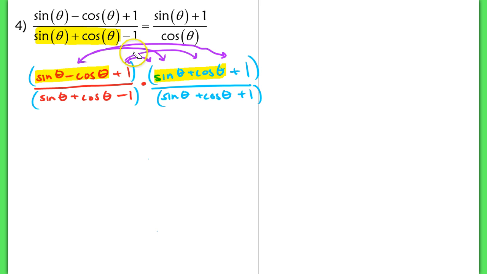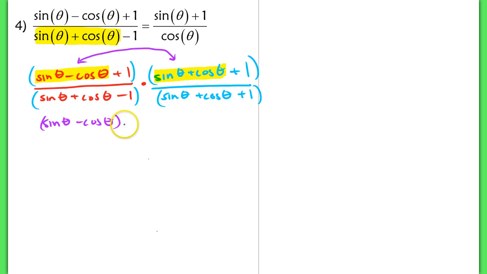So let's say I do my first terms together. That would be this whole term, sine theta minus cosine theta, times sine theta plus cosine theta. That actually will be convenient because this is a difference of squares. So we'll keep that in mind in a second.